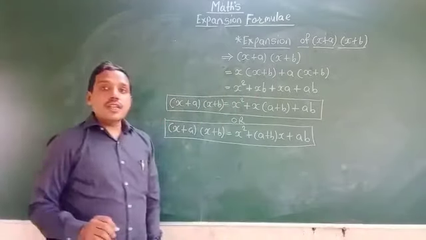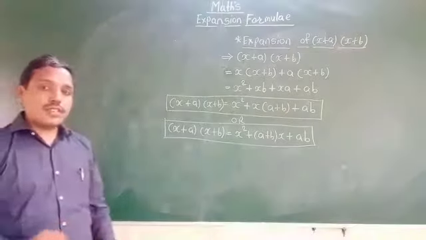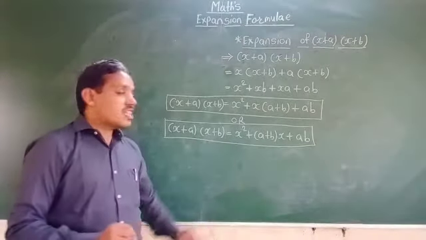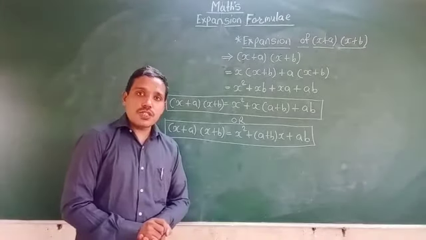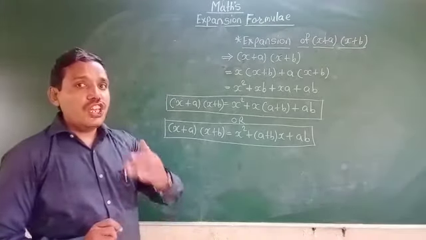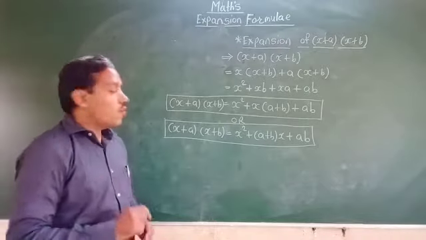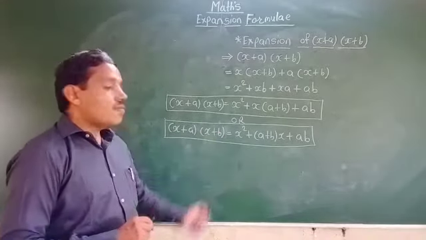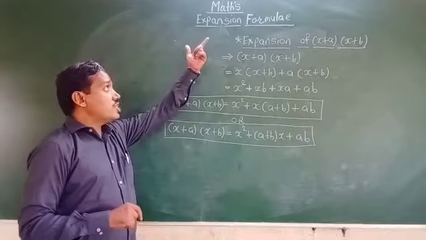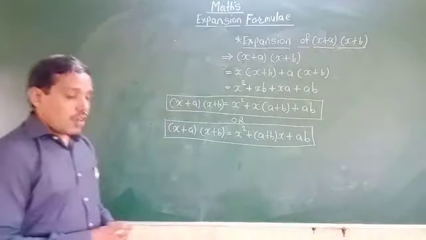By using that expansion formula, we can solve many problems, and those problems are given in our exercise. Therefore by using that expansion formula we can solve the first practice set of the 5th chapter.